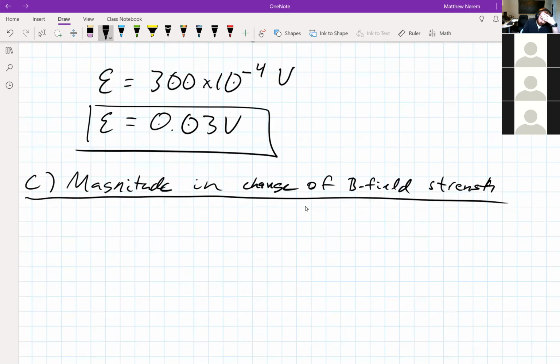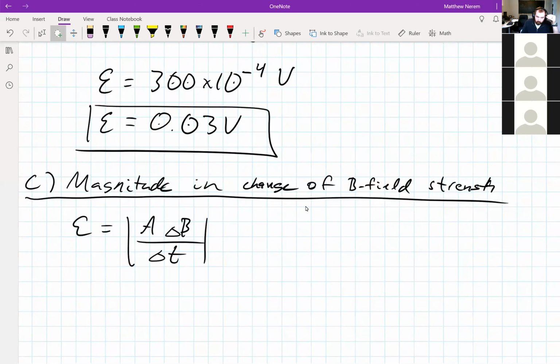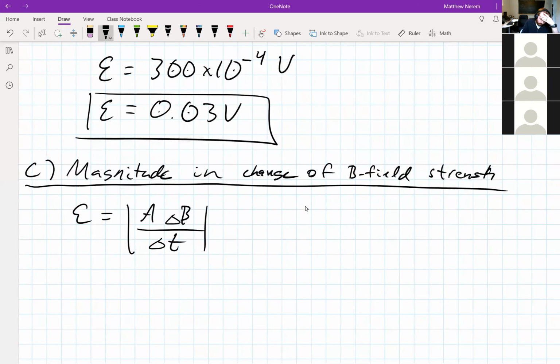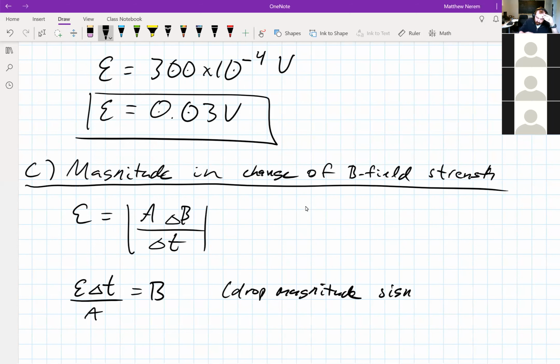We said E is equal to area, change in field, times change time. We know everything but the field strength. So we'll just manipulate the variables. We'll say this is now E delta T over A equals delta B. And I'll also make an explicit note here that I dropped the magnitude signs. Everything's going to be positive here.